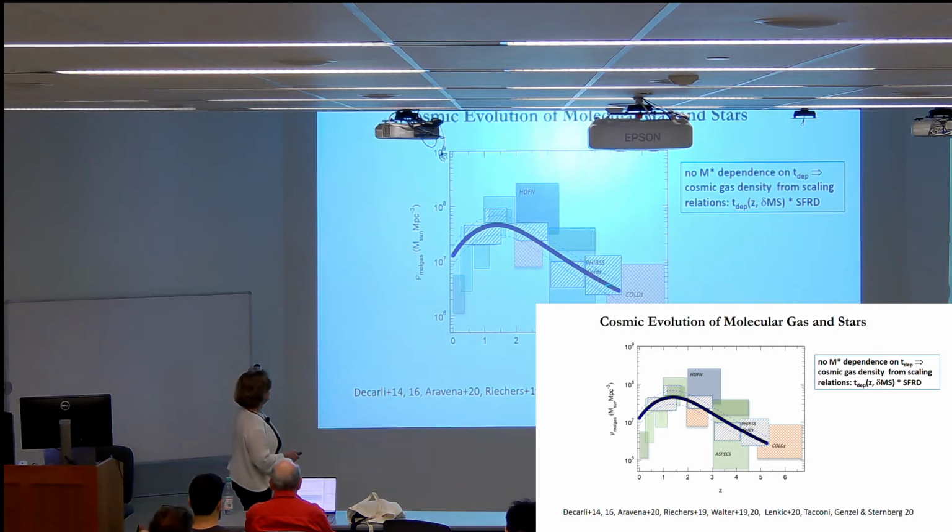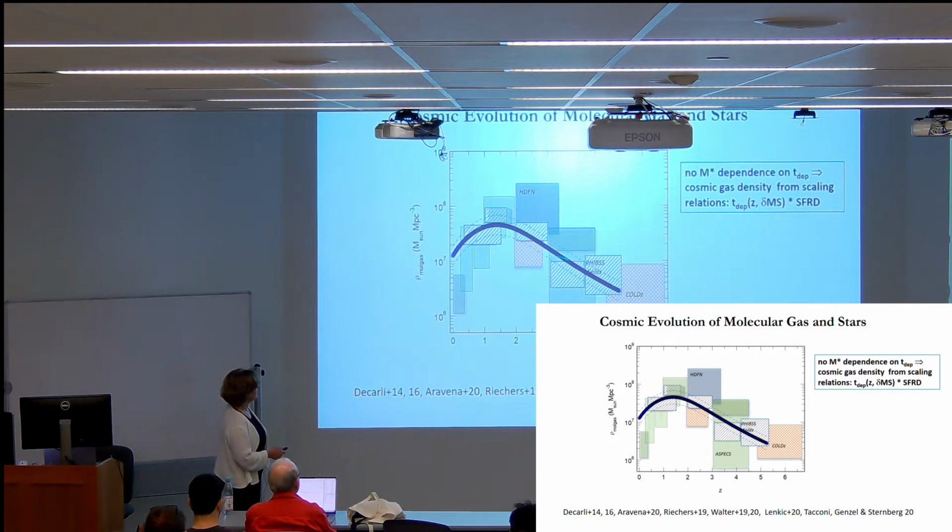And what you find is this peak out at around redshift 2, and then this drop at the higher redshifts. But you can see the box sizes, there's a fair amount of uncertainty. Now, the fact that our scaling relations give us a mass-independent relation, what you can do is to take the cosmic star formation rate density plot and multiply it by our depletion time relation, and you get the same thing back out.